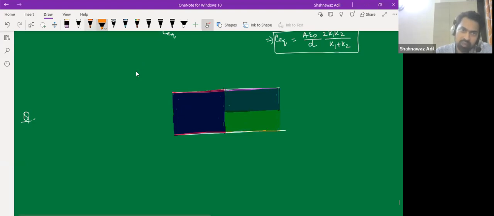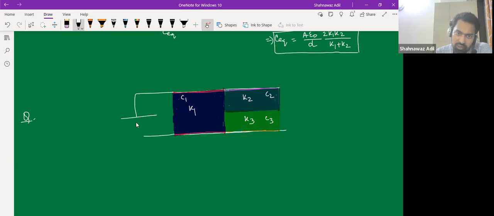This is K1, this is K2, and this is K3. This is C1, C2, C3. This is connected to the positive one, this is connected to the negative. Right, so we have a mixture of combinations.